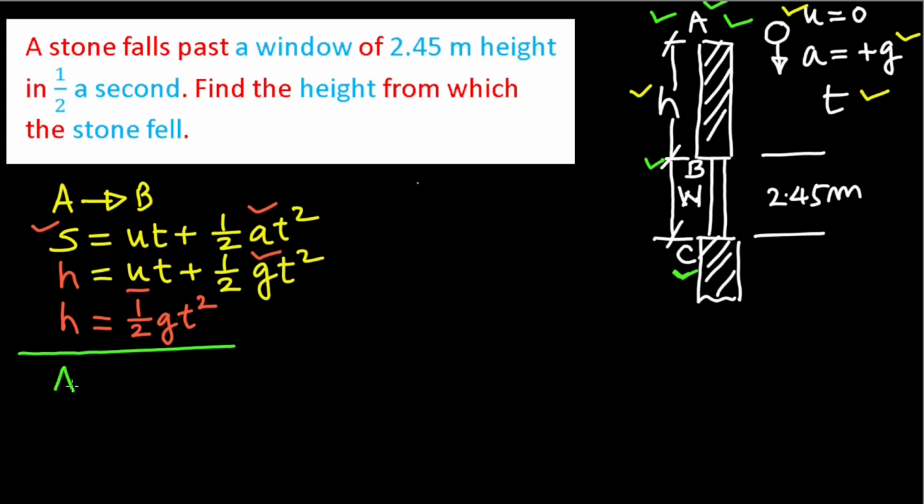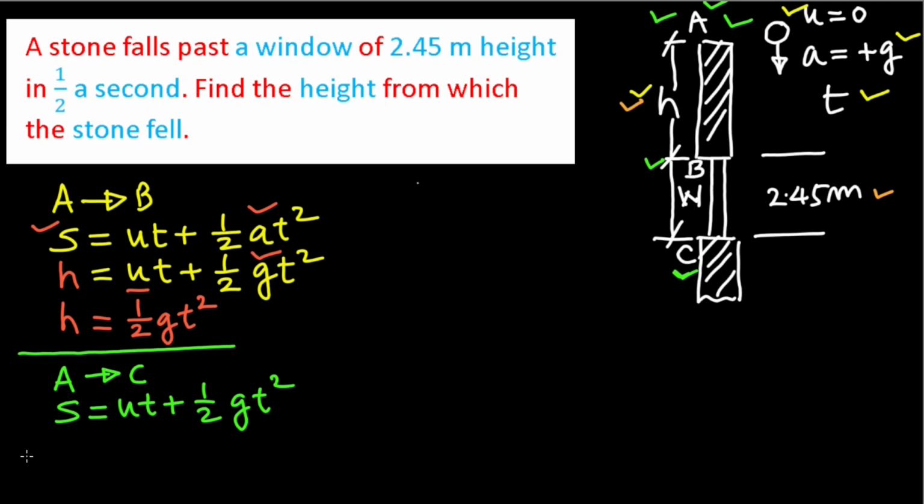Next, we will consider motion of the ball from A to C. So from A to C, we will use second kinematic equation, which is S equals ut plus half gt square. In place of S, we have to use the height h plus the height of the window.